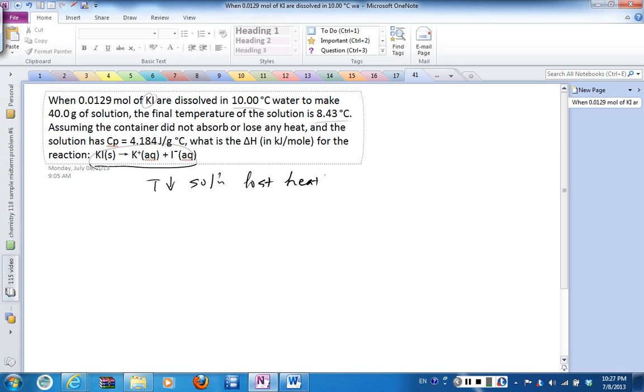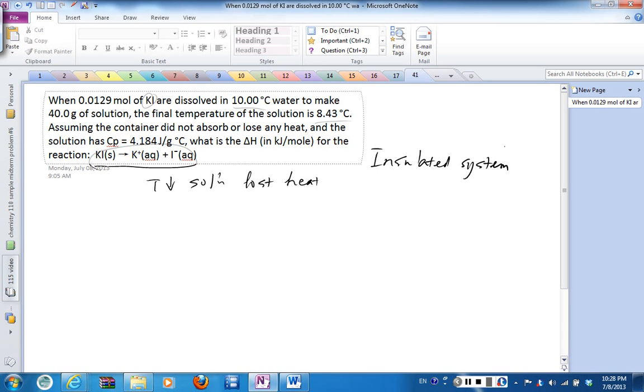And as we already understand, when things like this happen, to be able to calculate them, we have to take it as an insulated system. That means no heat out, no heat in.